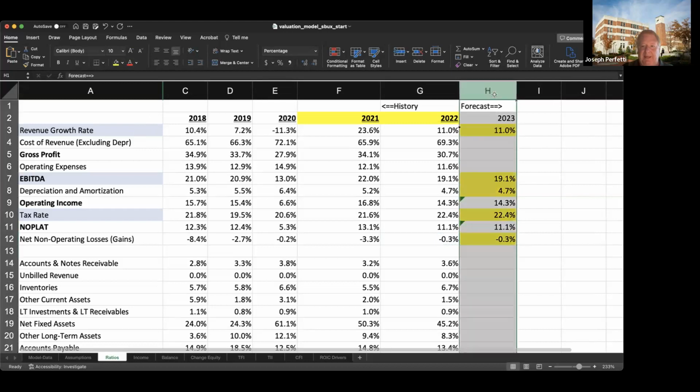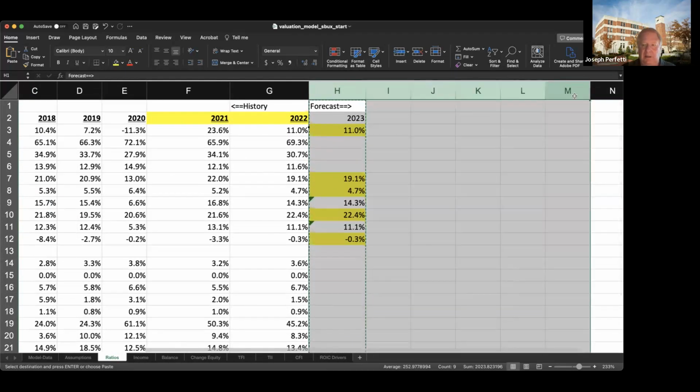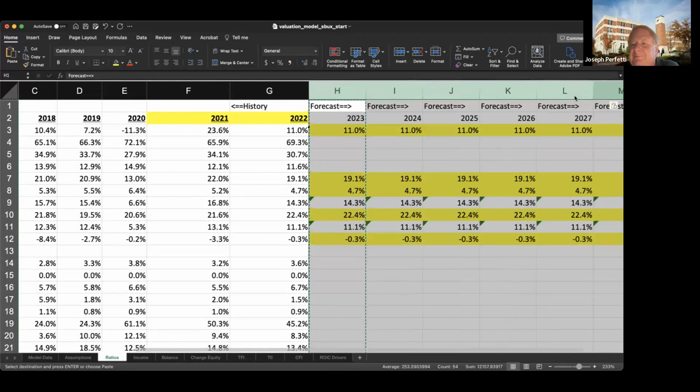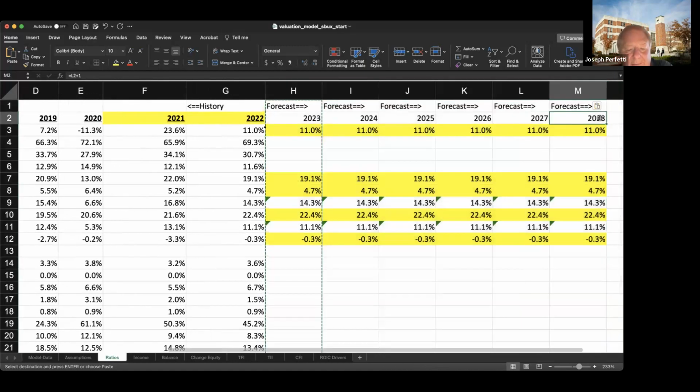Now, I'm going to take column H. I'm going to copy the whole column. I'm going to go over here to column M, and I'm going to paste. So I'm going to take what I just did in column H and paste it out so that column M is forecasting 2028.